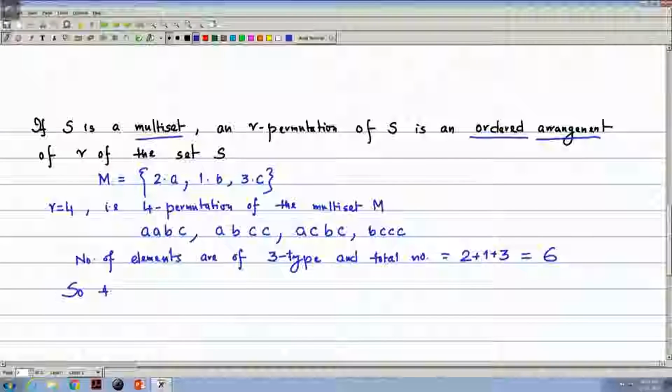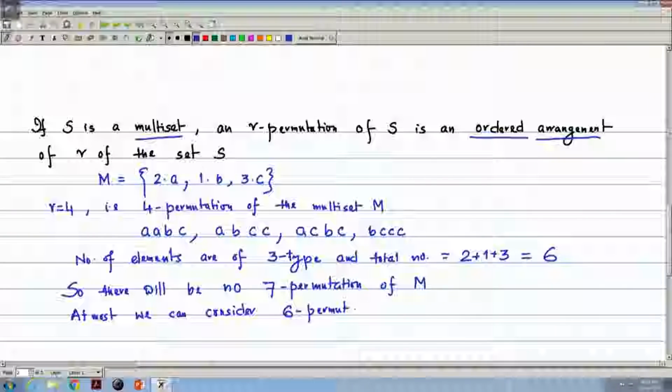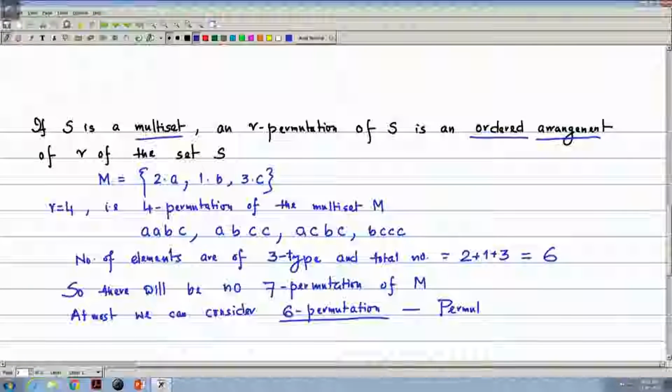So, there will be no 7-permutation of M. So, at most we can consider 6-permutations, and normally if it is an n-permutation of a set having n elements, then we call this nothing but the permutation of all elements. So, this is called the permutation.